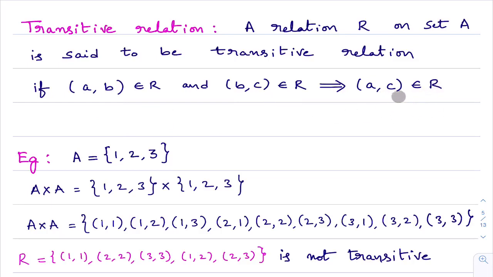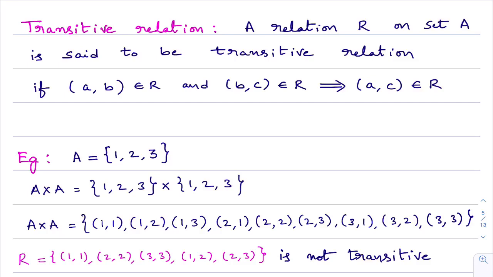If ordered pair A comma C is present in the same relation, then we say that relation is transitive relation. In last class, I did a 40 minutes video to explain reflexive, symmetric, transitive relation. Please watch that video first. This is just quickly revising what is reflexive relation, what is symmetric relation, what is transitive relation.